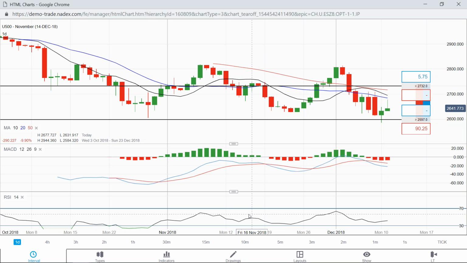Then you have all of your different indicators that you can click on here. I've added the relative strength index as well as the MACD, so really you just have 5 indicators on the chart, and that's what we'll be looking at today. So really not any different than what I normally do on the charts, just doing it with the Nadex charts.